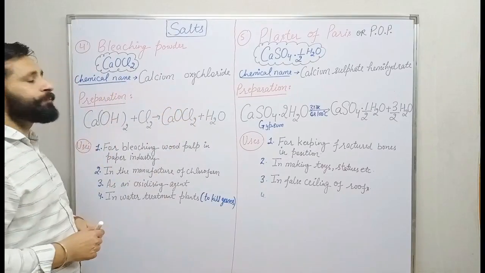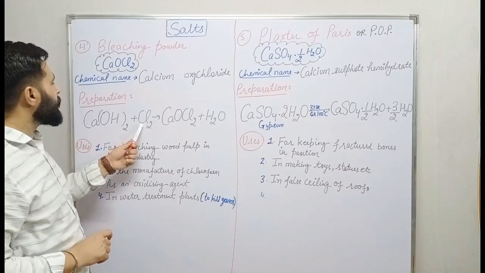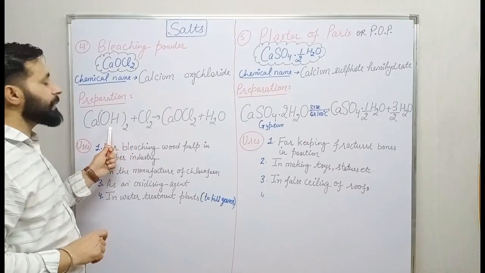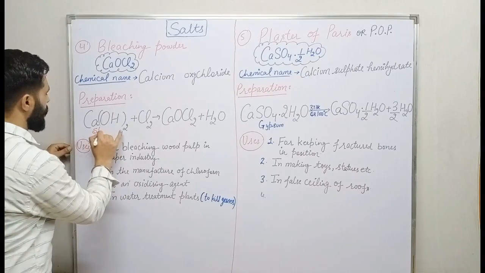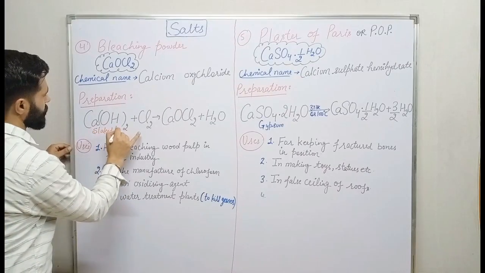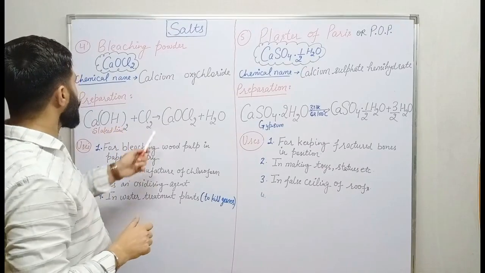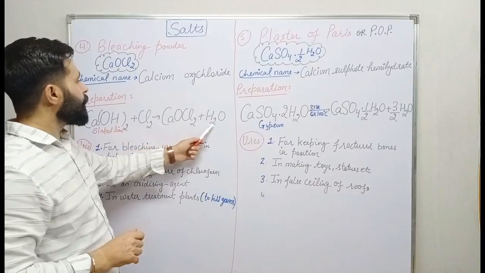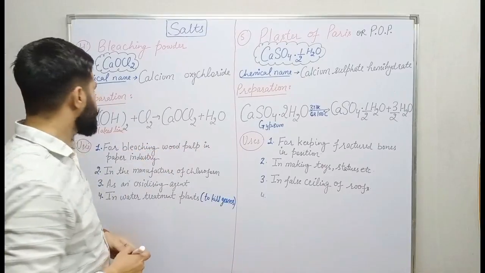So how is it prepared? It is prepared when chlorine gas is passed over slaked lime. This is slaked lime. So it will form CaOCl2 plus H2O, which is bleaching powder.